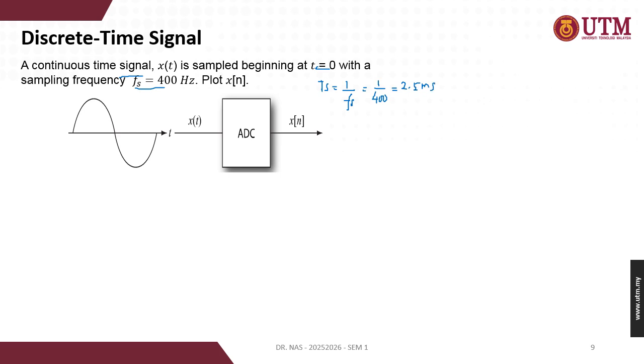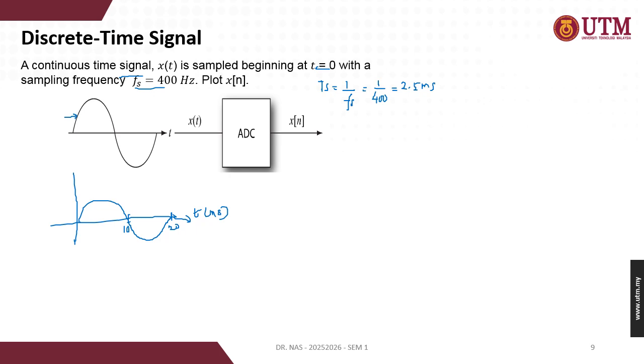Assuming we have this sinusoid input signal beginning at 0 millisecond, assume that one full cycle is 20 millisecond. This is 10 millisecond. So you get a sample every 2.5 millisecond.